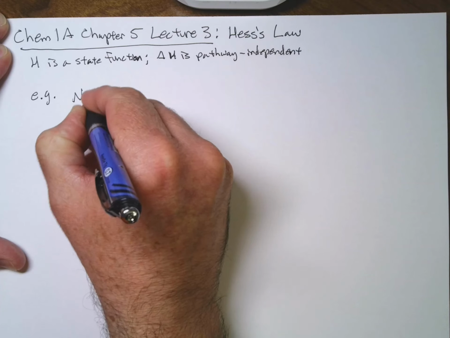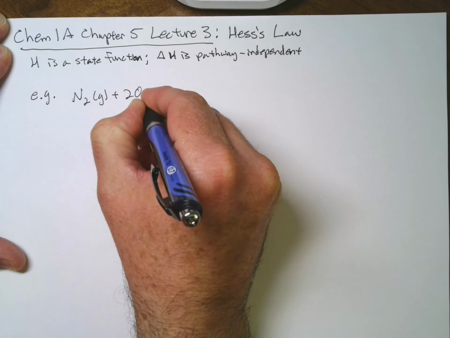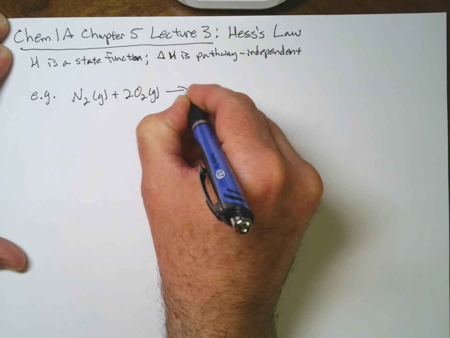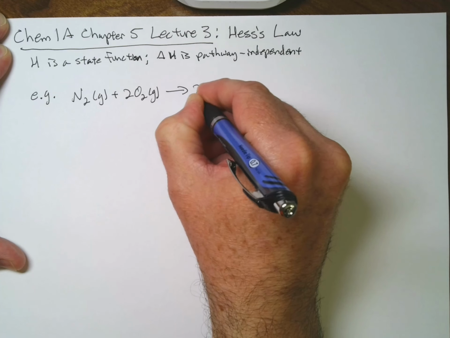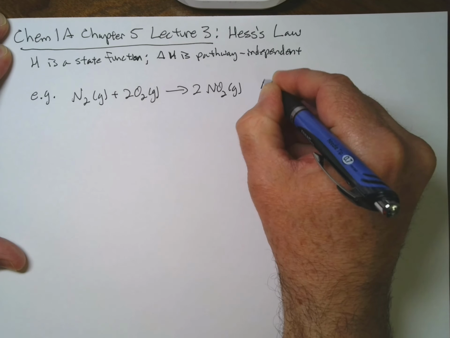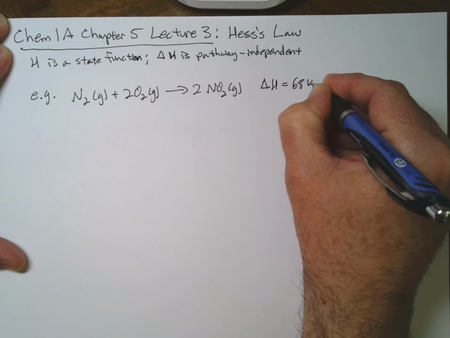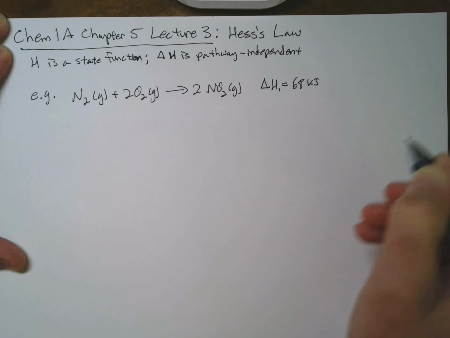we could have the following reaction: N2 gas plus 2O2 gas react to give 2NO2 gas, and our delta H equals 68 kilojoules. We'll call that delta H1.